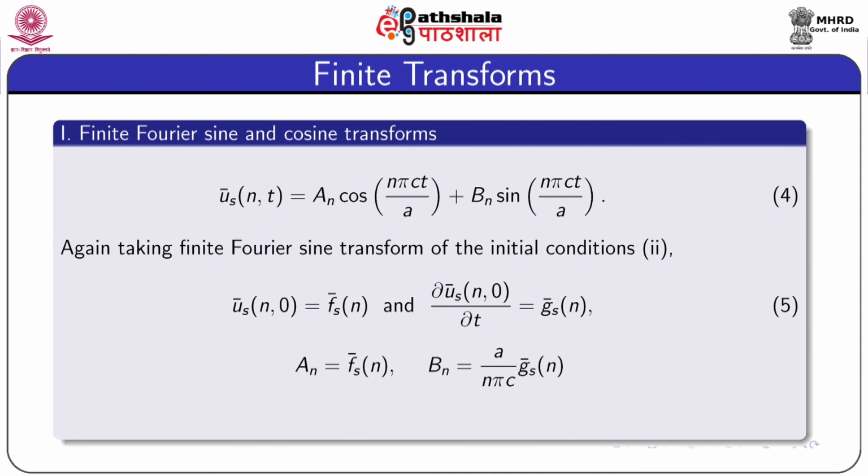Now to find the values of a_n and b_n, we again take the finite Fourier sine transform of the initial conditions.